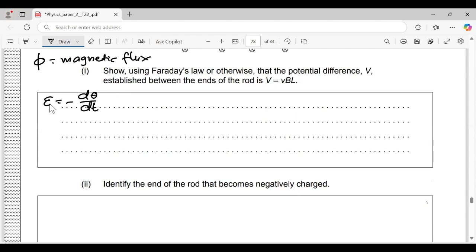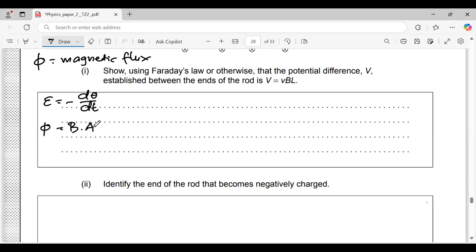Okay, the magnetic flux phi through the area swept out by the rod is given by phi equal B times A, where B is the magnetic flux density and A is the area.